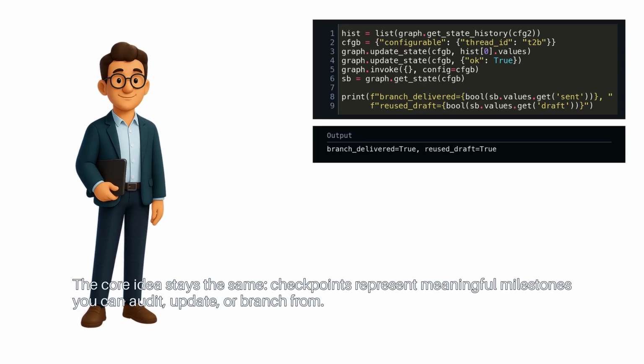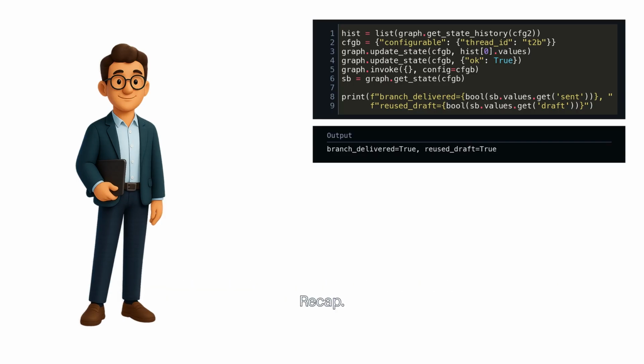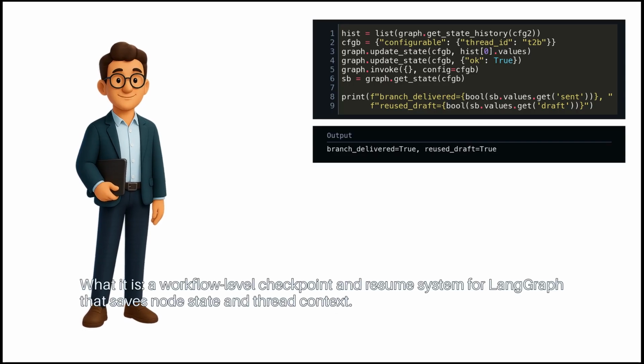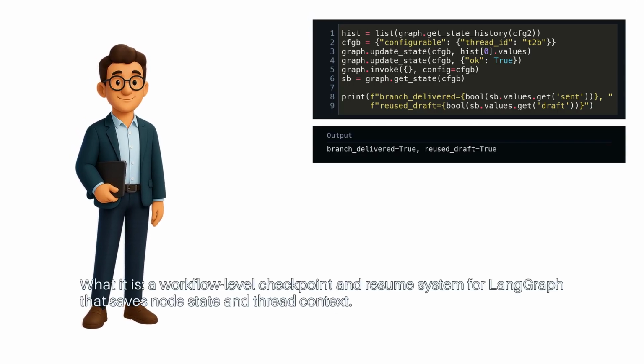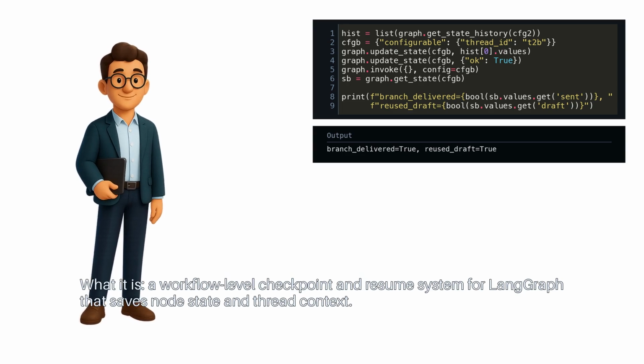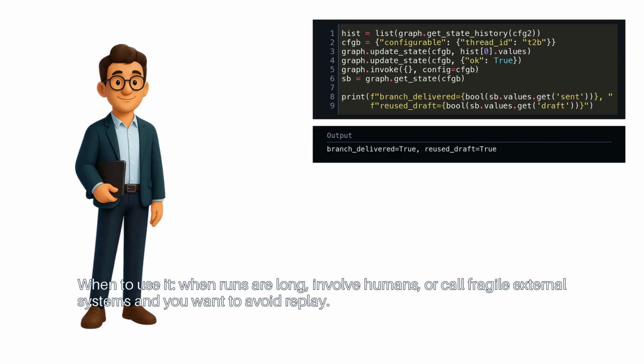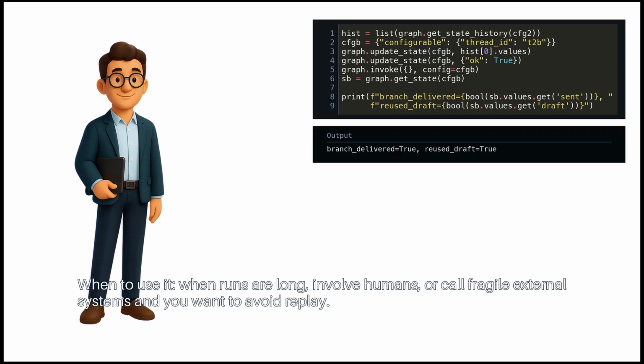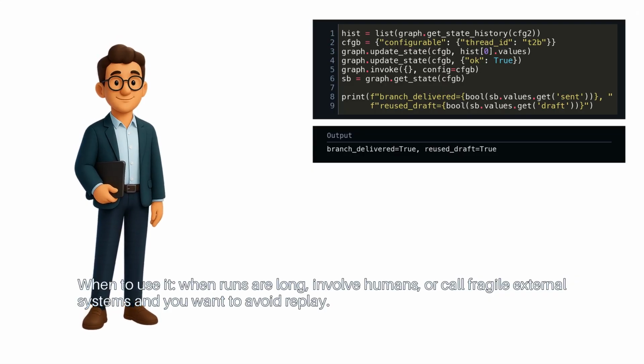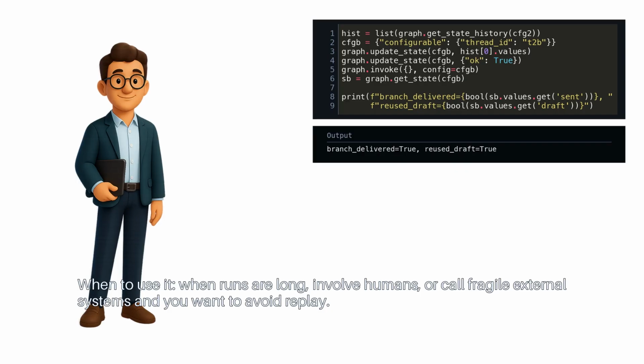Checkpoints represent meaningful milestones you can audit, update, or branch from. Recap. What it is: a workflow-level checkpoint and resume system for LangGraph that saves node state and thread context. When to use it: when runs are long, involve humans, or call fragile external systems, and you want to avoid replay.